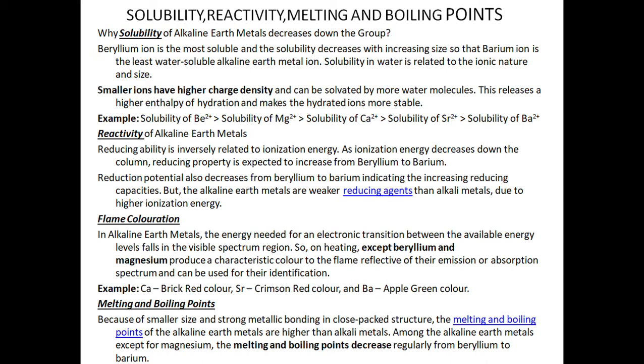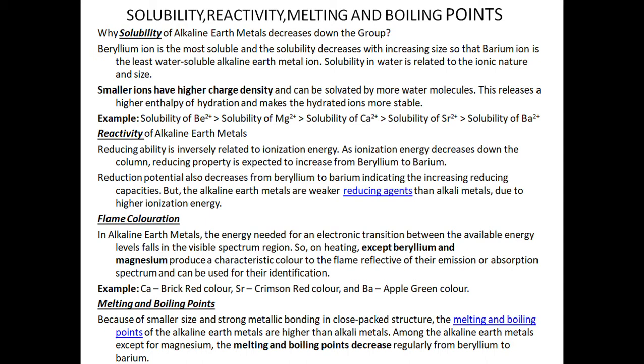Now we come to the reactivity of the alkaline earth metals. Reducing ability is inversely related to the ionization energies. So now here we see how these properties are related and dependent on the atomic radii and the ionization energies. As ionization energy decreases down the column, reducing property is expected to increase from beryllium to barium.